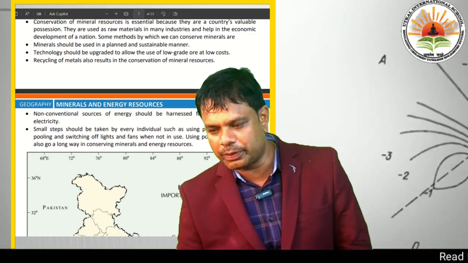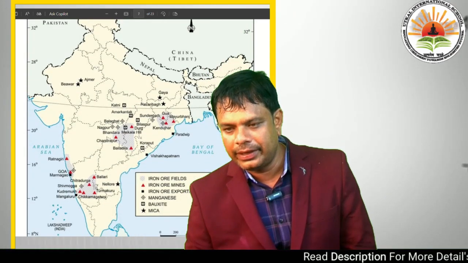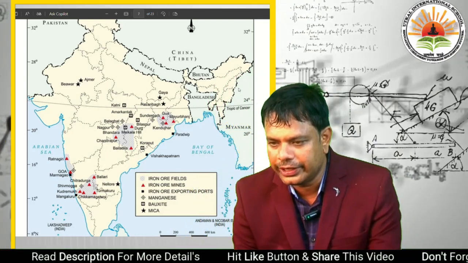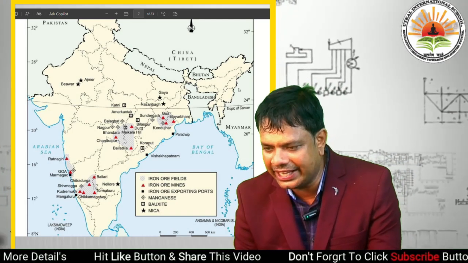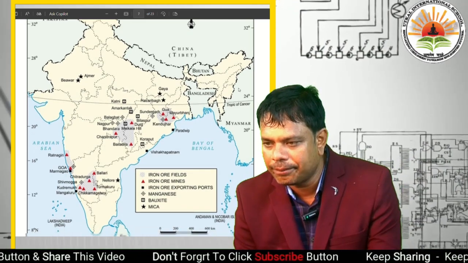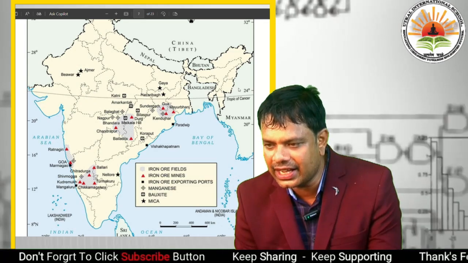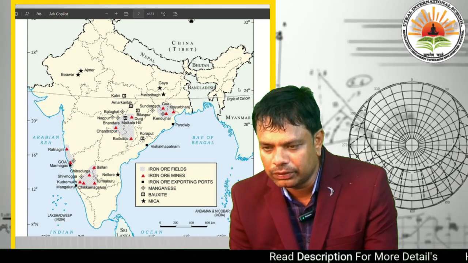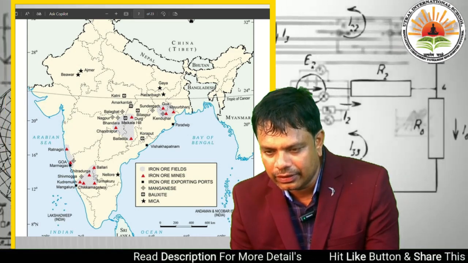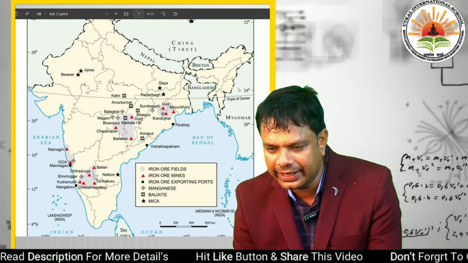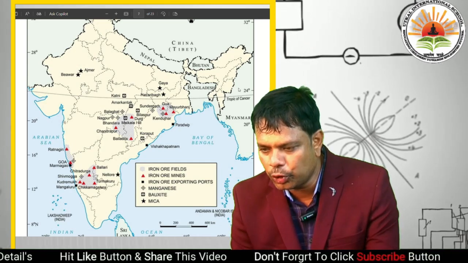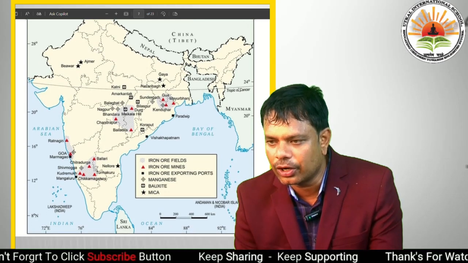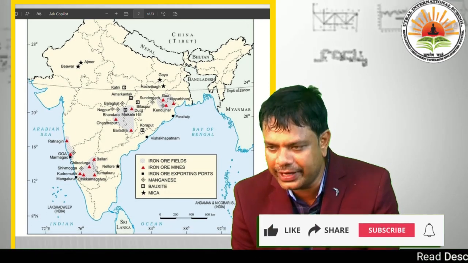Then, dear students, on this figure we will discuss some important main areas where minerals are found. The main thing is iron ores. We find iron ores in Odisha, Keonjhar, some areas of Chandrapur, then Goa and Ratnagiri and Tamil Nadu. For mica, it is Ajmer, Beawar in Rajasthan, Gaya and Hazaribagh in Bihar.